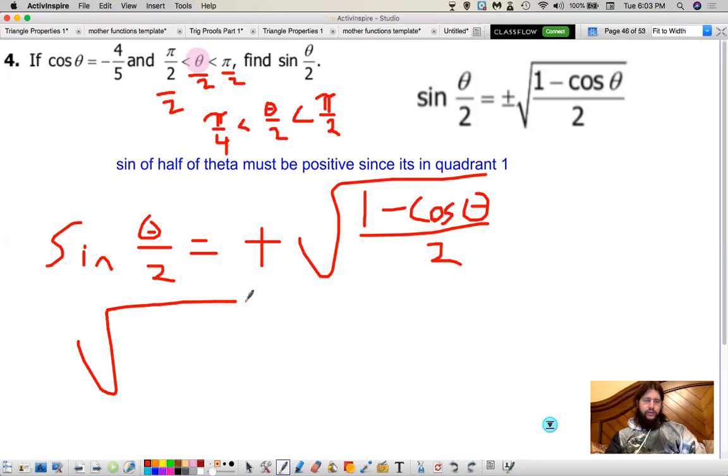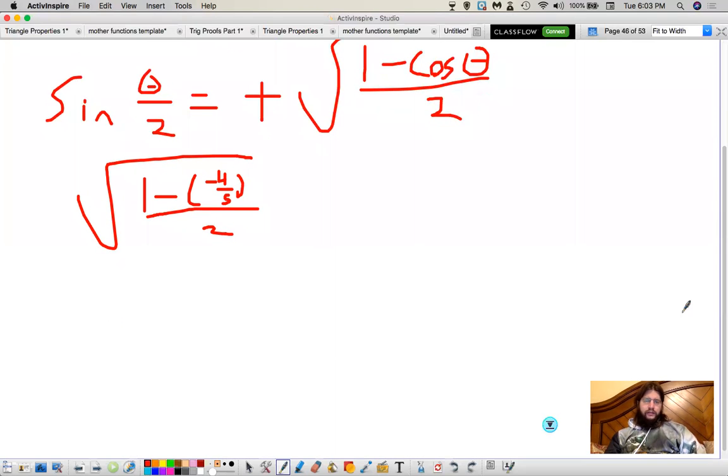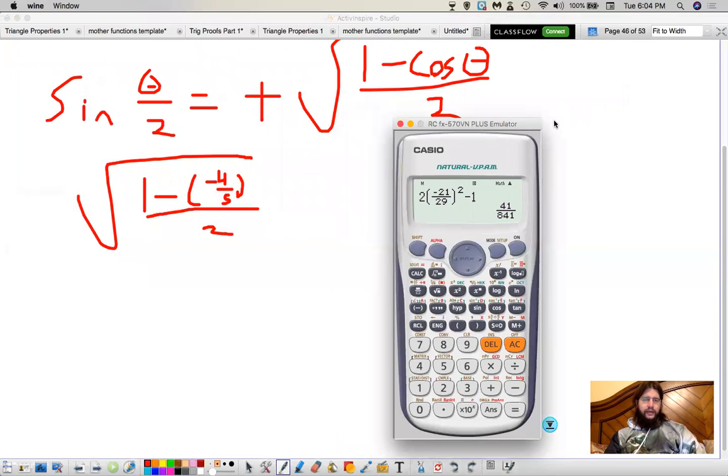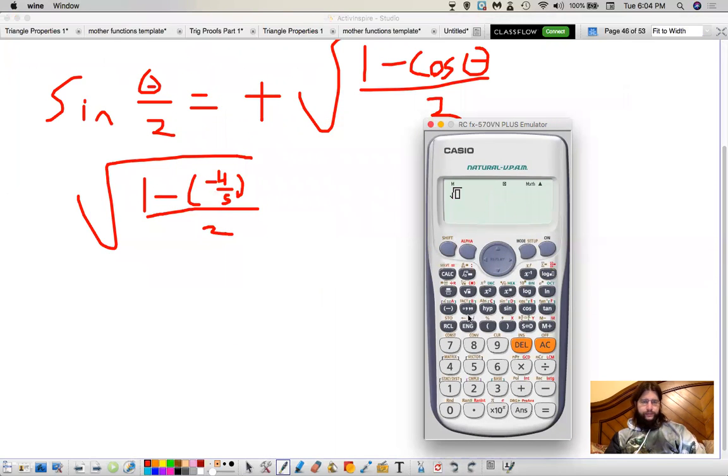That's going to be the square root of 1 minus negative 4/5 over 2. I'm not sure if the calculator will simplify this nicely or if we'll have to do it by hand. Let's find out. We should get a nice radical.